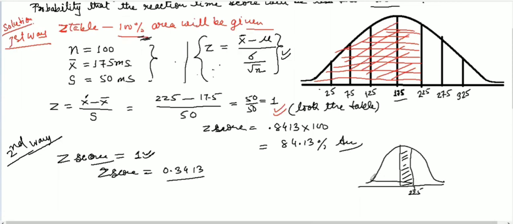You have to find out 100%, and the 50% area they didn't provide you. So first convert this into percent by multiplying by 100. So this will be 34.13%. As your area is only representing 50% because your table gave you only 50% of the data.